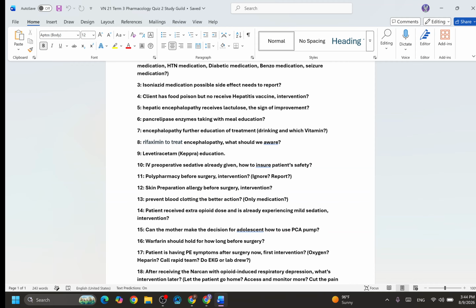All right, number 10. When an IV for pre-operative sedation has already been given, how can we ensure patient safety? That means you already sedated the patient. For patient safety, do you think you need to pull up the side rails? Do you think you can let the patient get up and walk around?